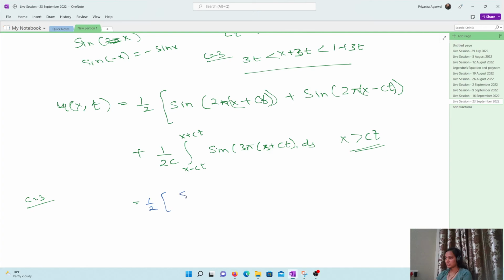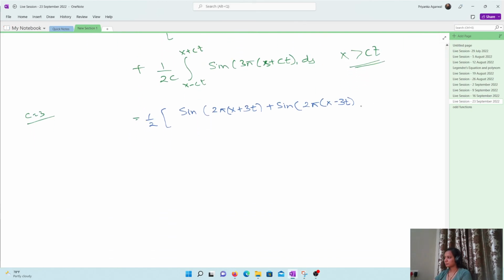So let us write it down: sin 2π(x + 3t) plus sin 2π(x − 3t), plus 1/6 ∫ from x − 3t to x + 3t of sin 3πs ds. So this is the case for x greater than 3t.